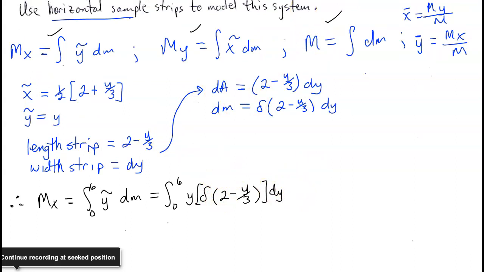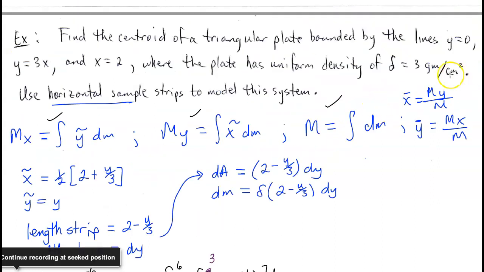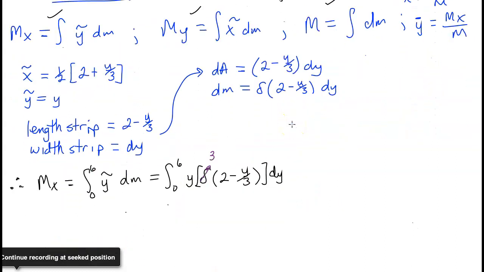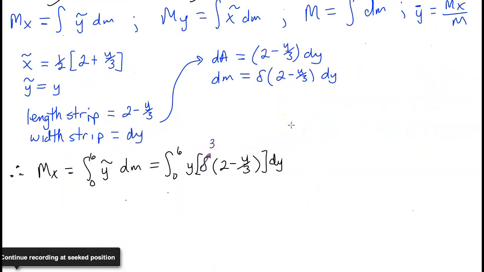But before I do that, I'm going to switch colors here for a second. We want to recall that the density is 3 grams per square centimeter, because we have that here. So I'm actually going to implement that into the problem now to make life a little bit easier for us math-wise.